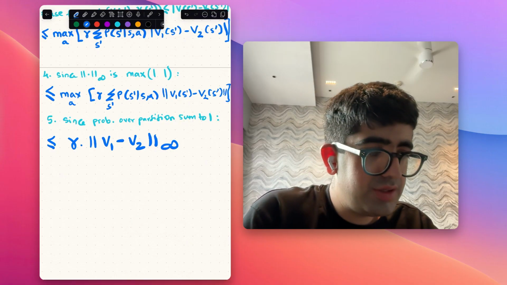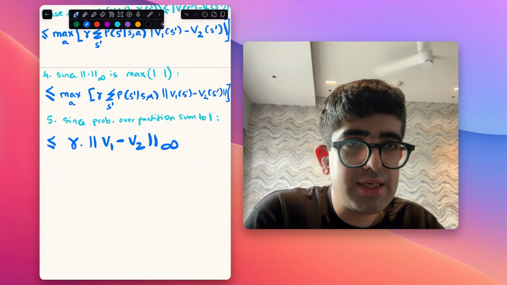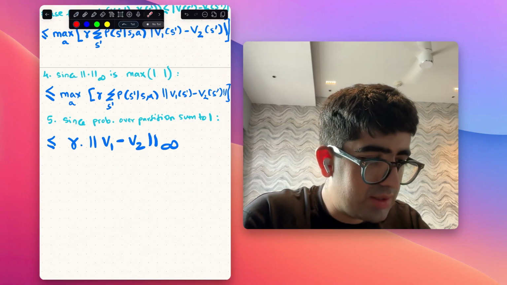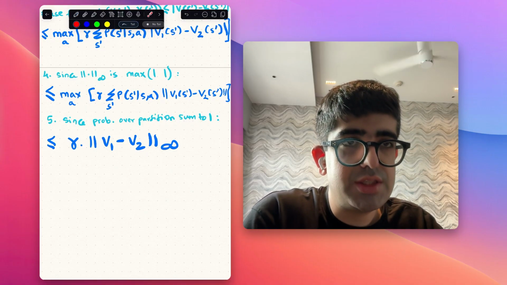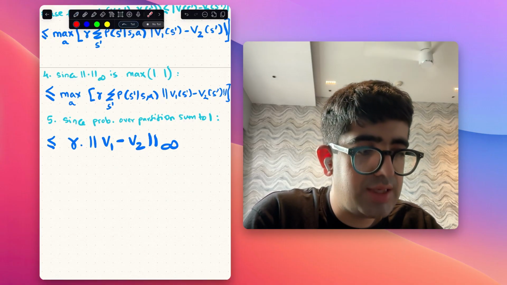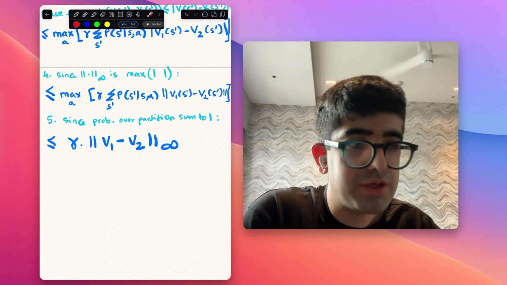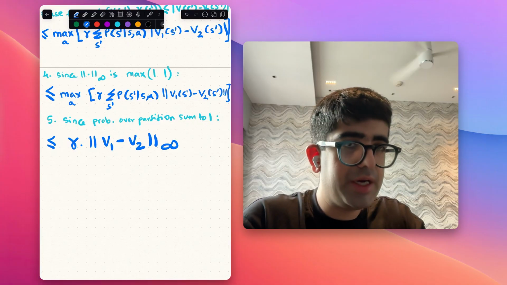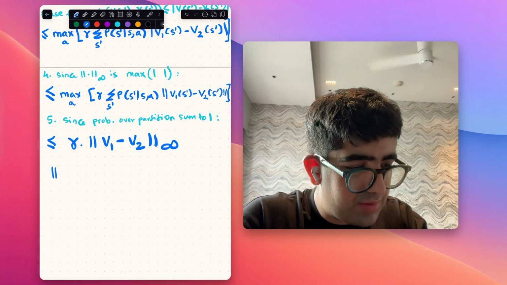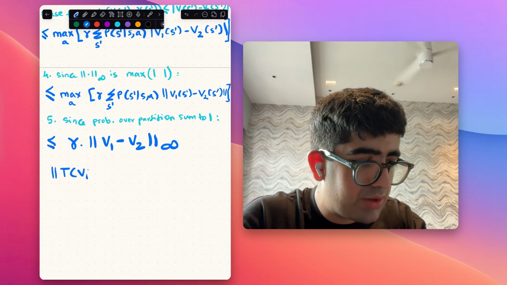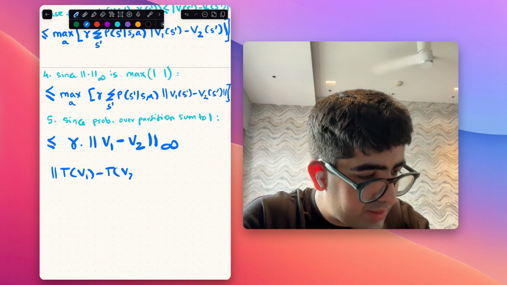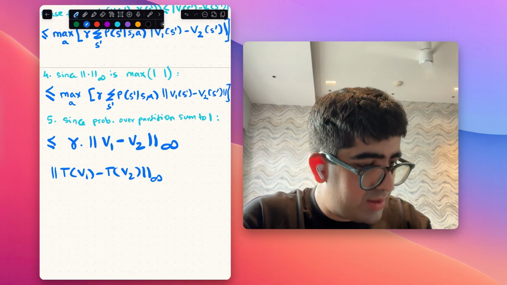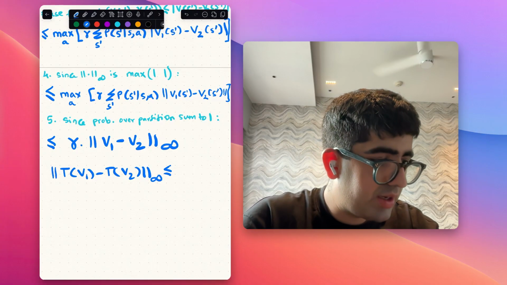Now, this proof offers a really interesting practical insight about this term gamma, which is the discount factor, and this controls how much we discount future rewards. So now that we have proved that the Bellman operator is a gamma contraction, we get that upon application of the Bellman operator, the distances shrink by a factor of gamma.